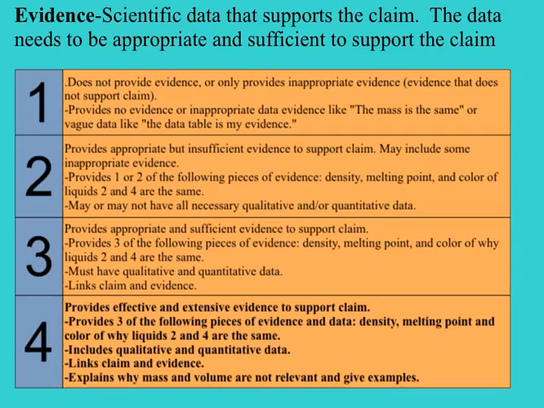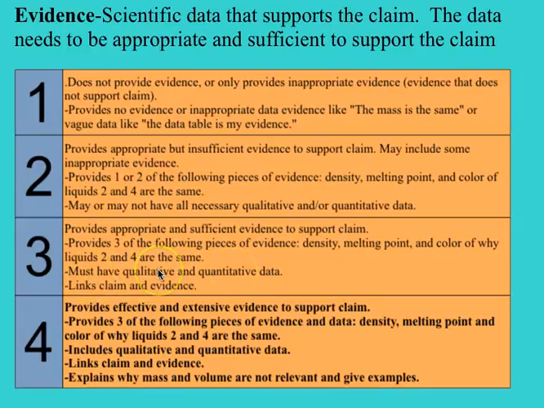So the first thing I want to do is look at the rubric. And if we go right to 3, provide 3 of the following pieces of evidence. If you did not include density, melting point, and color, you are automatically subjected to a 2 because you didn't have all the information. How about the next one? Must have qualitative and quantitative.